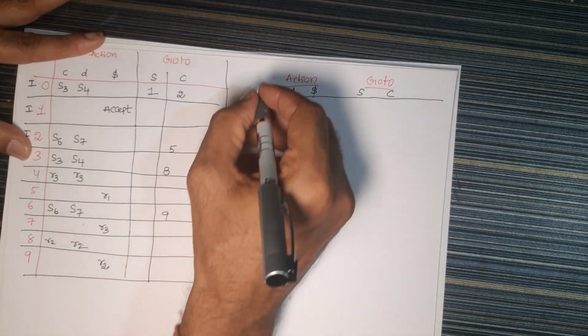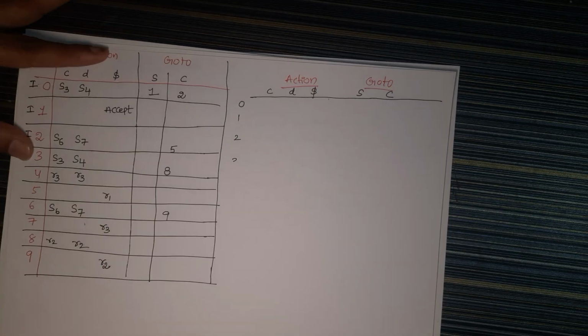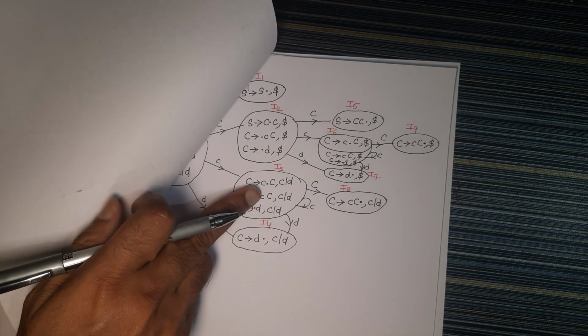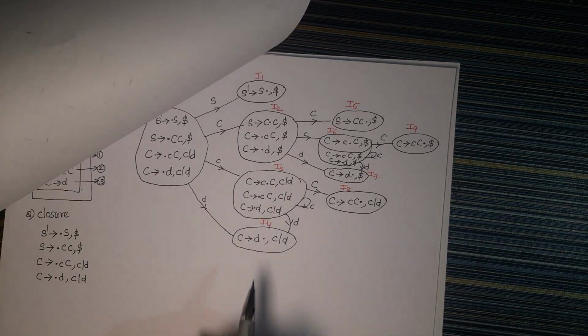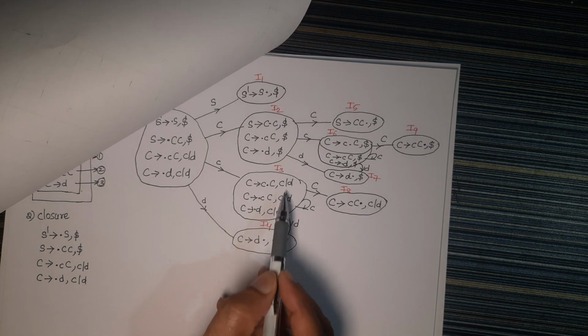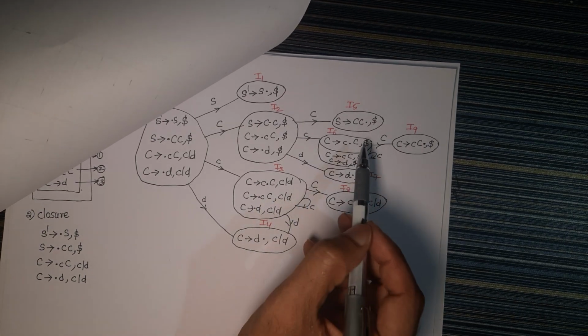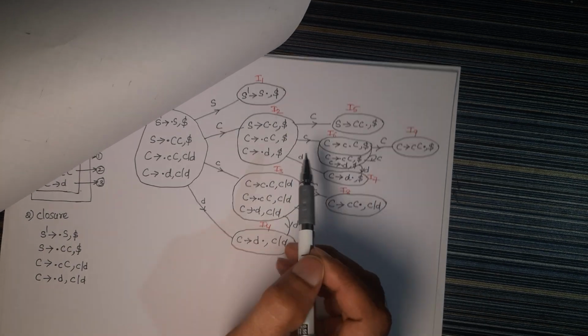Now what I am going to do, you see here, we are going to merge I3 as well as I6, because I3 is C tends to C dot C, and I6 is also C tends to C dot C, but only the lookahead symbol is different.